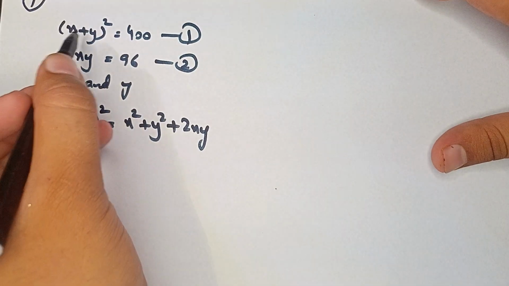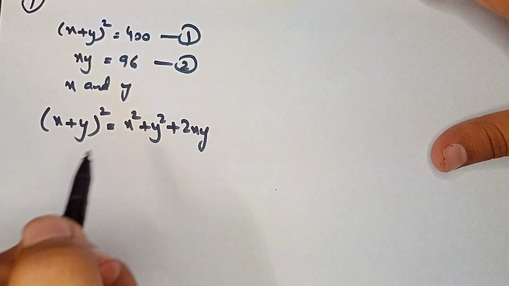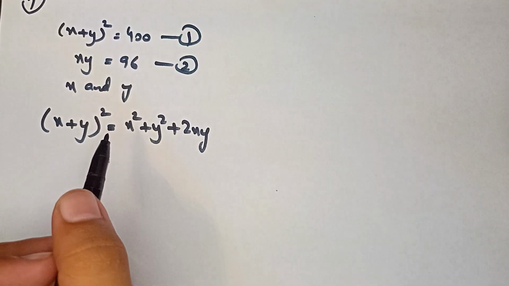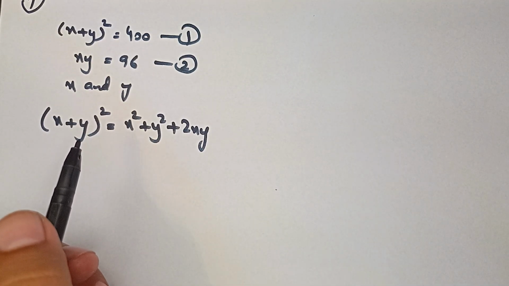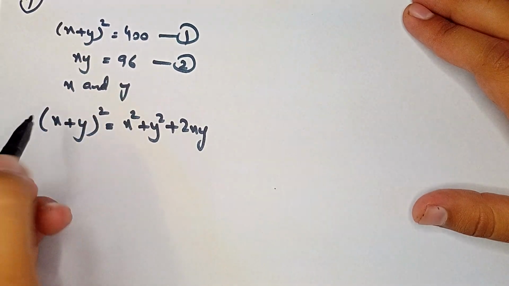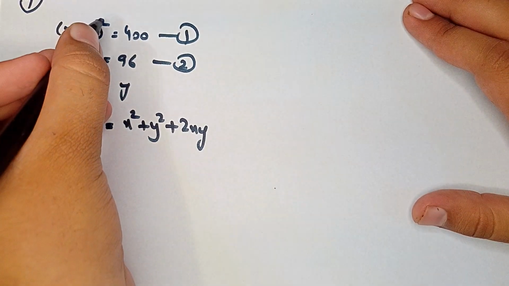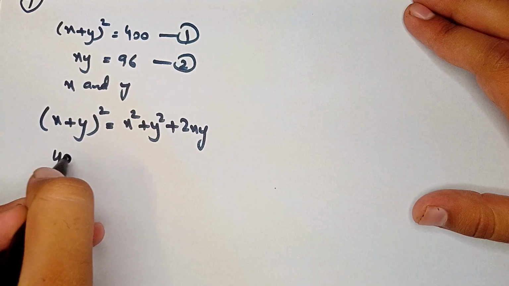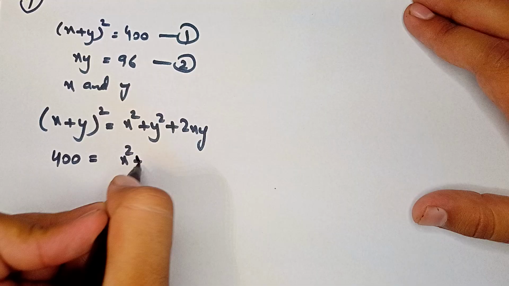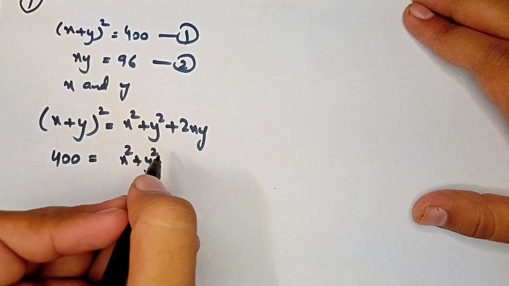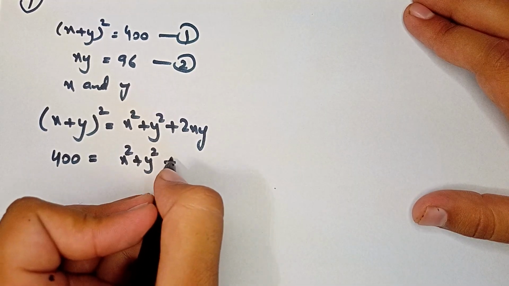We have to put these values in this equation and then we find our x and y. So put these values in that place. (x + y)² is equal to 400, so this is 400, and x² + y² we don't know, so it remains as it is.